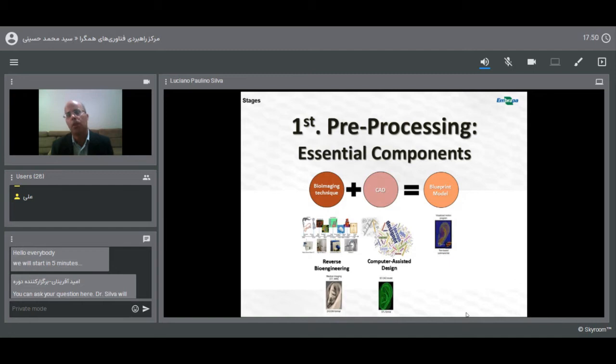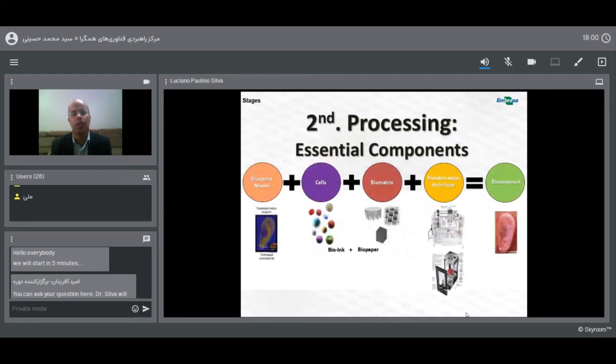The following stage is related to computer-assisted design to produce a model, and the following blueprint model could be used, associated with cells, with a biomatrix and some biofabrication technique to produce the final bioconstructs of this kind.